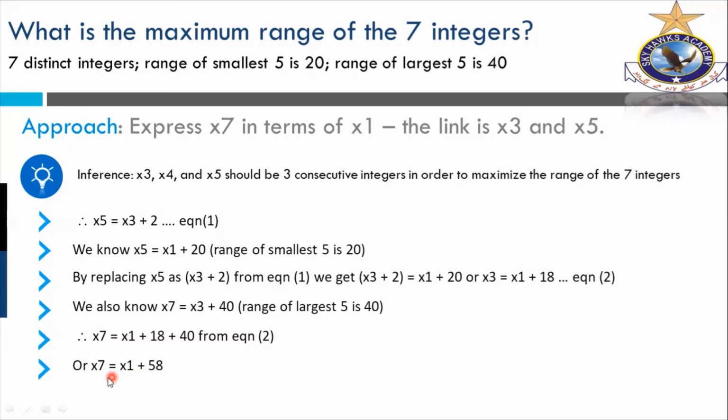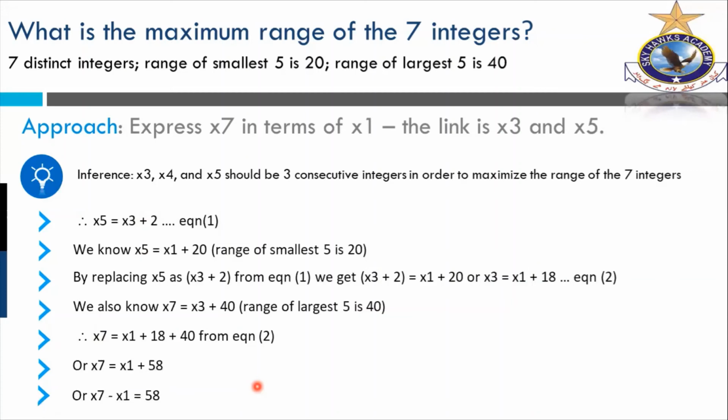We are looking for the range, and range is the difference between the maximum and the minimum values. So if you are just shifting this x1 to the left, this will become x7 minus x1. The difference of the two extreme ends is the range. So the answer must be 58. At the beginning you have no idea what range is, but by doing all these steps we will have the right answer.